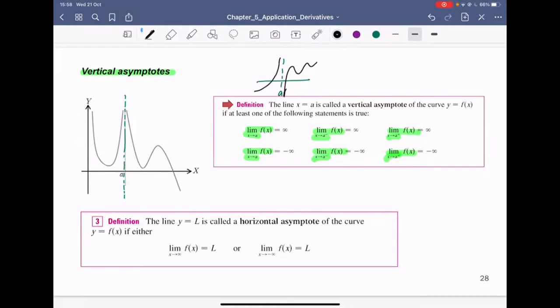How do you find a vertical asymptote? It is usually where the denominator equals 0. For example, if you have f(x) equal to 1 over x minus 3, then x equal to 3 is your vertical asymptote.